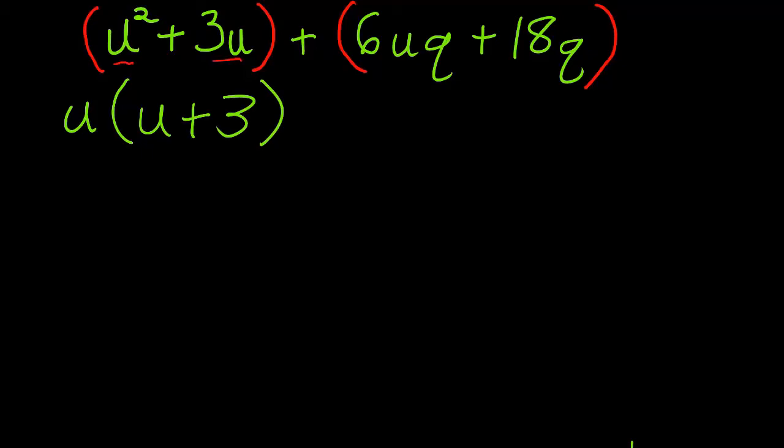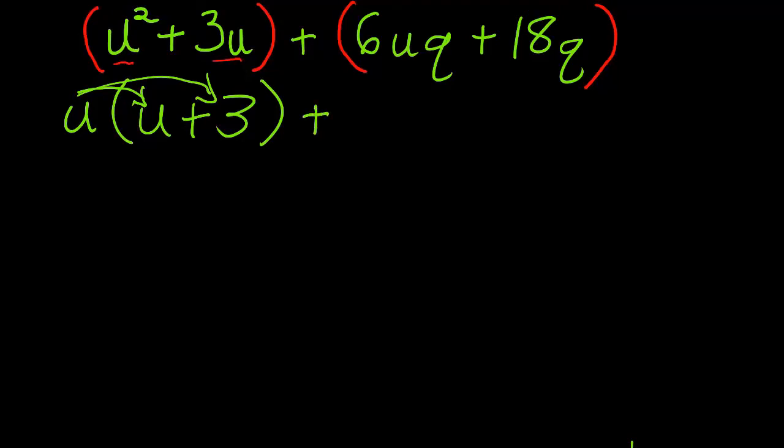And you know this because if you distribute the u, u times u is u squared, and u times 3 is 3u. So we've done this correctly. You can always go backwards to check yourself.